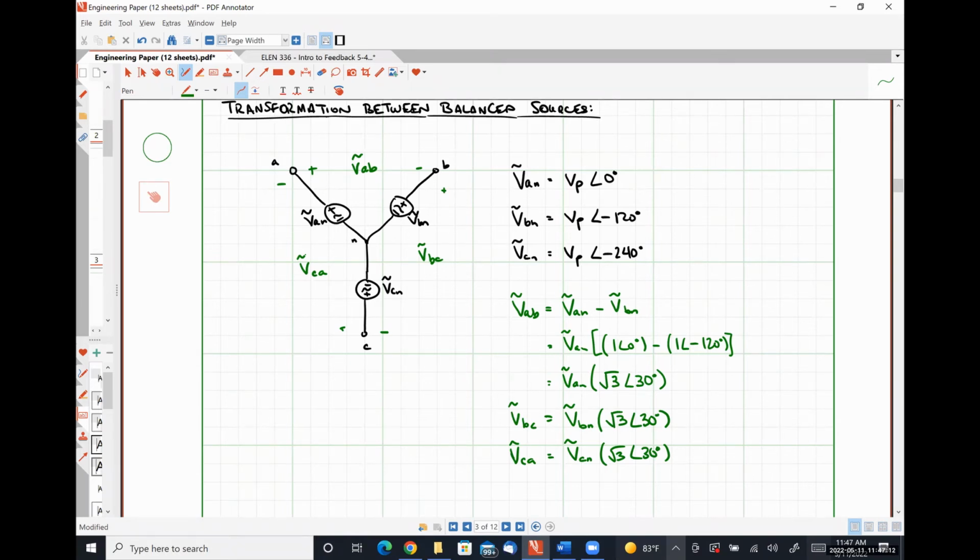So we can go from Y to delta by multiplying by a factor of square root of 3 angle 30 degrees. How do you think we go the other way around? We divide by that exact same conversion factor. It is that simple, right?